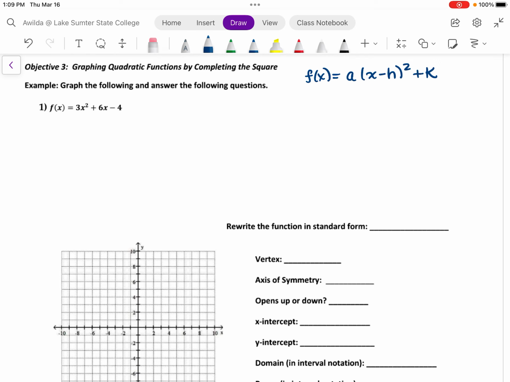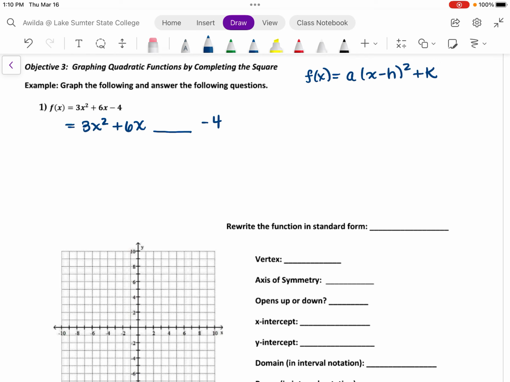So how exactly do we do this? First, I'm going to take that negative 4 and just push it off to the side and treat that as k. So I'm going to write this as 3x squared plus 6x, and then I'm going to leave a little blank here, and then push the negative 4 off to the right.